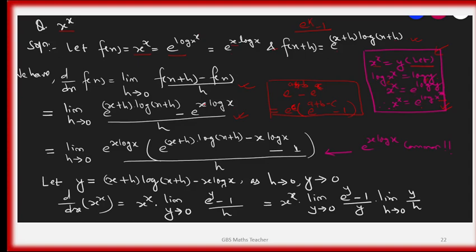To develop the formula we have divided by y, so y by h is written here. Then x to the power x stays as it is, and using the formula, that limit is 1.